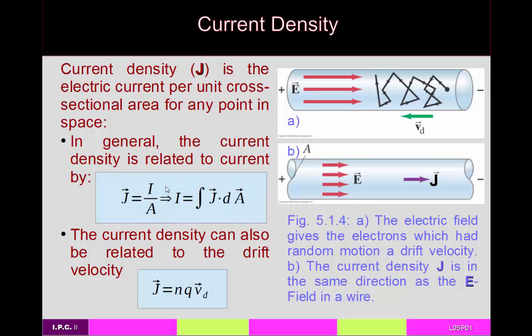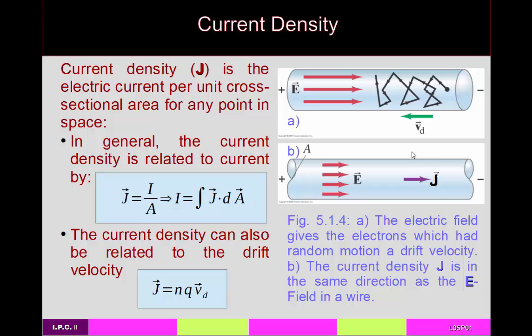In the case where the current density is not uniform, you can actually get the total current through some region by using an integral of J dot dA. So usually in a conductor it's pretty uniform, but you could have, for example, a plasma, or maybe you could have a set of different wires in which not every wire has the same current.